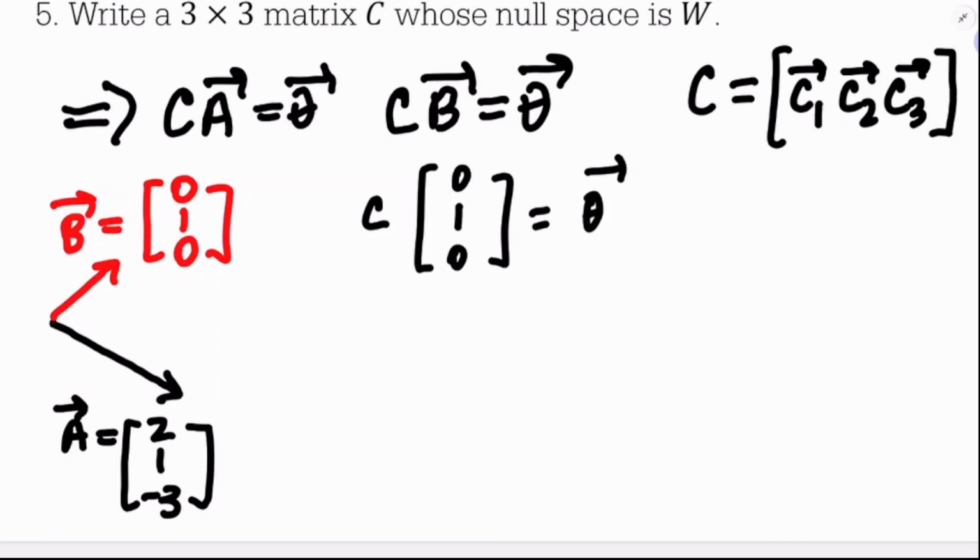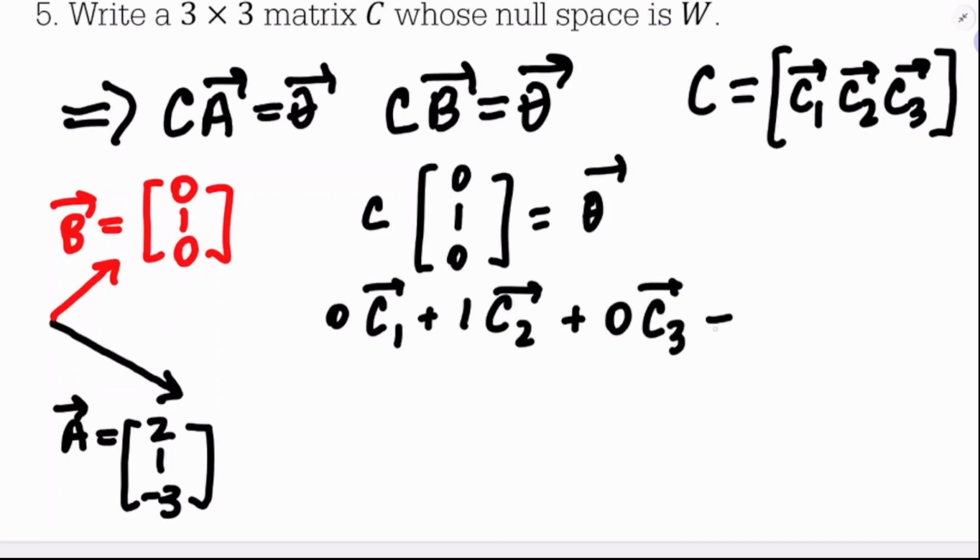Now, if we take the column view of matrix multiplication, multiplying matrix C by vector 0, 1, 0 is going to give me 0 of the first column of C, so 0 of C1, plus 1 of the second column, 1 of C2, plus 0 of the third column, equaling the 0 vector, right?